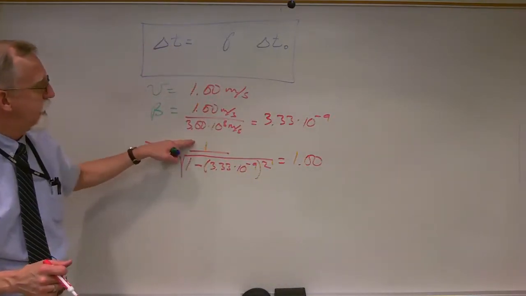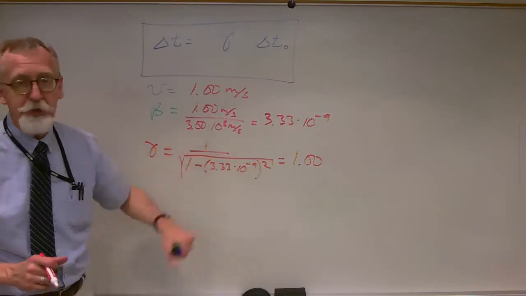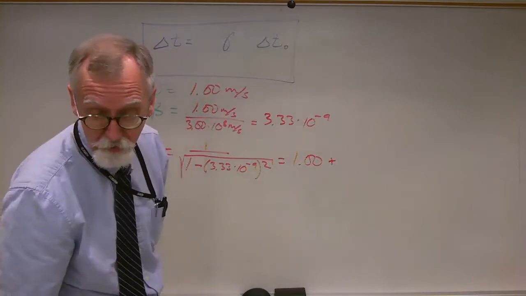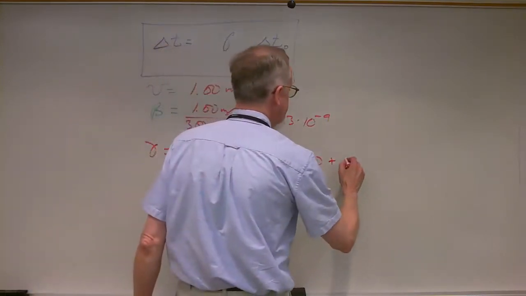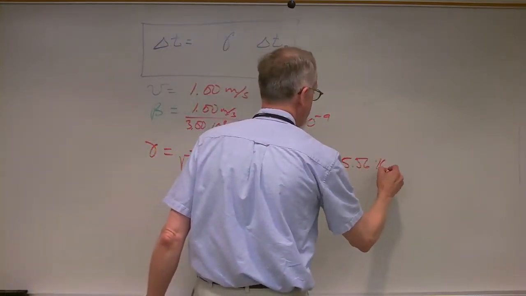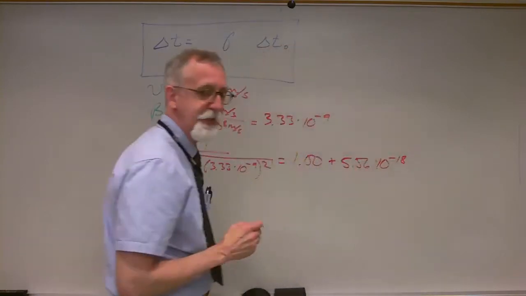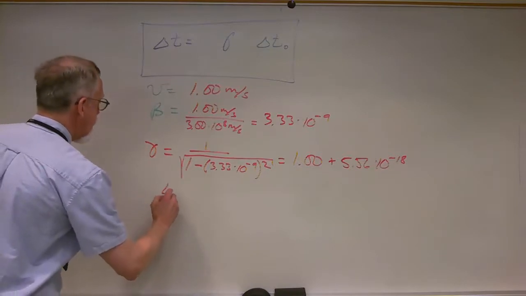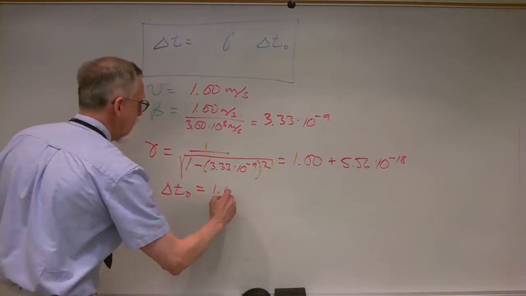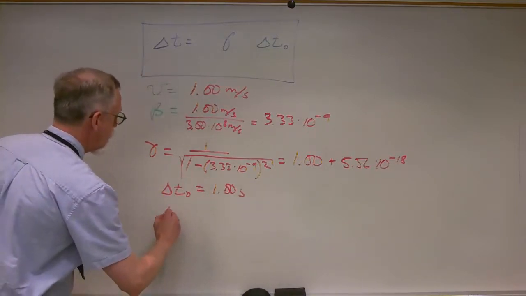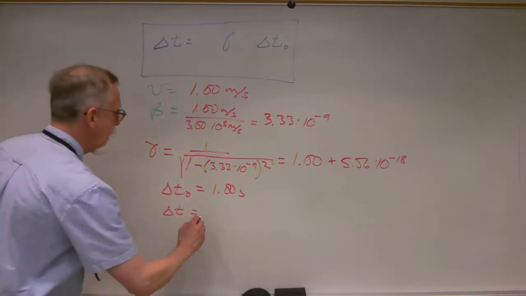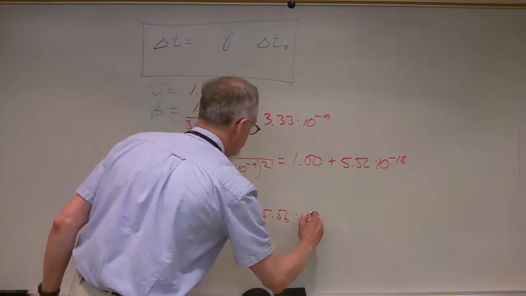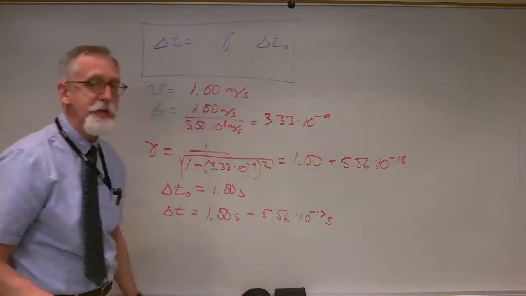As a matter of fact, this is different from 1.00 only by a term of 5.56 times 10 to the minus 18. So, if delta t naught were again 1 second, what would delta t be? It would be 1 second plus 5.56 times 10 to the minus 18 seconds.